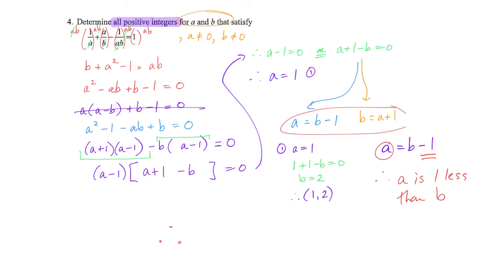We can now say, therefore, that when b is 1 more than a, or a is 1 less than b, however you want to state that, with one extra little restriction, that as long as my b value is greater than 1.